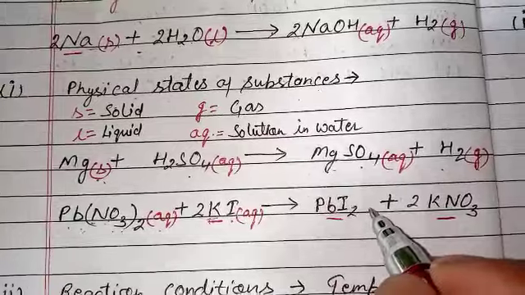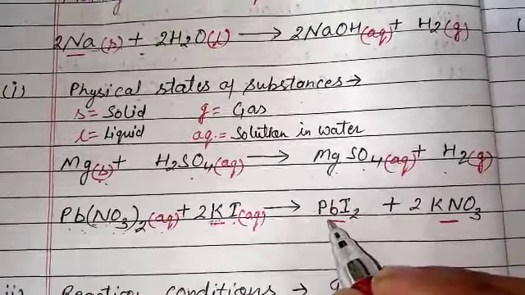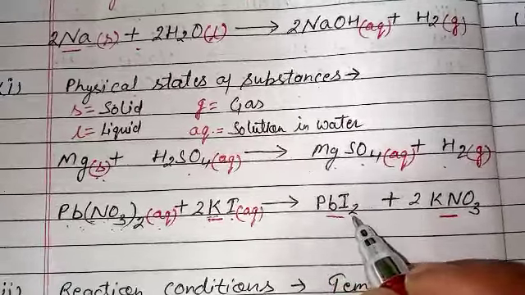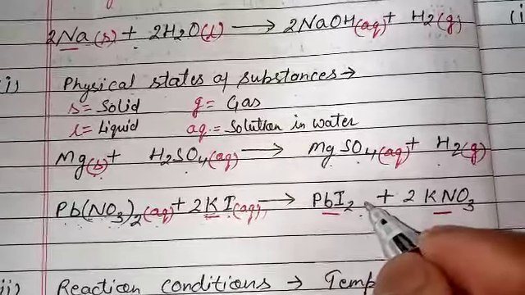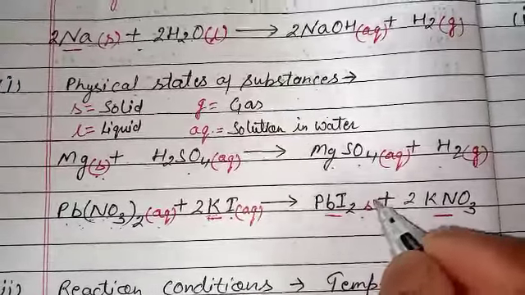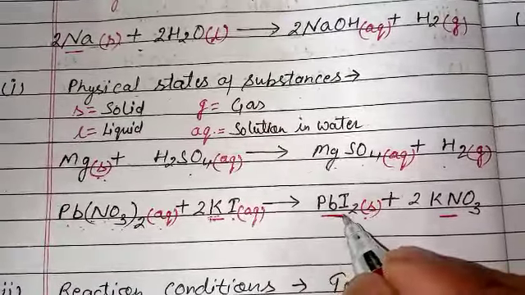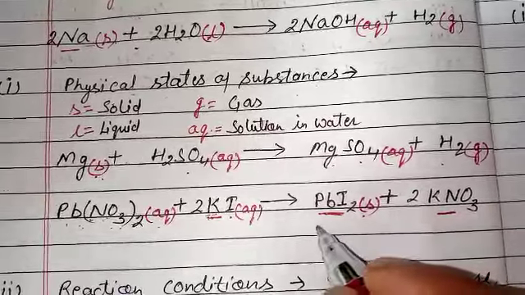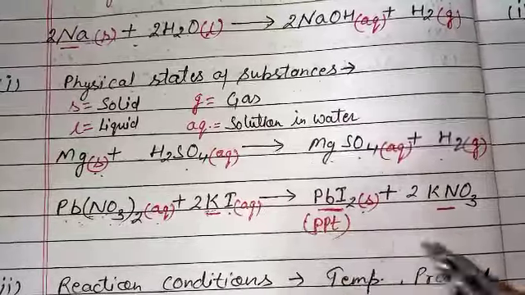Similarly, in this reaction, the lead iodide is formed in the form of a precipitate, which settles down at the bottom of the test tube. So it is in the form of a solid, so we will write S here. But since it is a yellow colored precipitate, we can also write PPT. Okay?